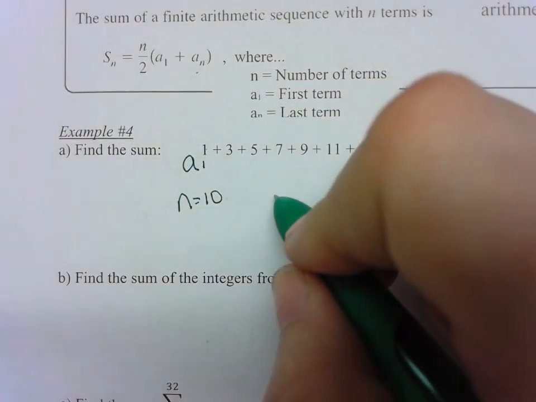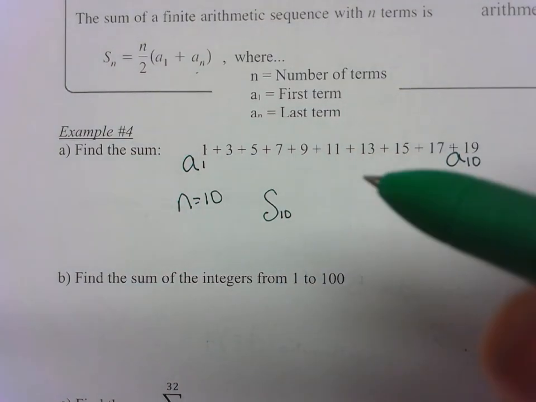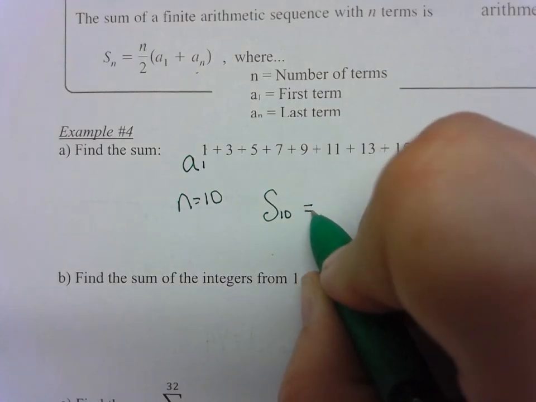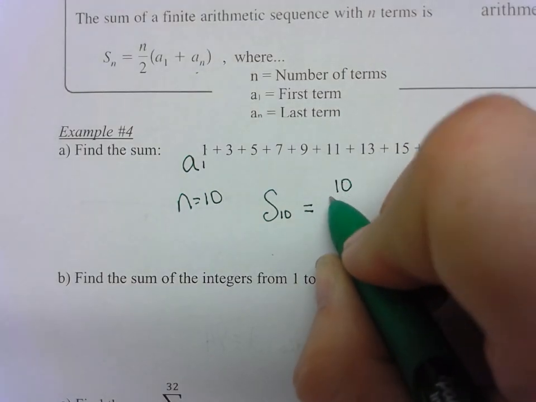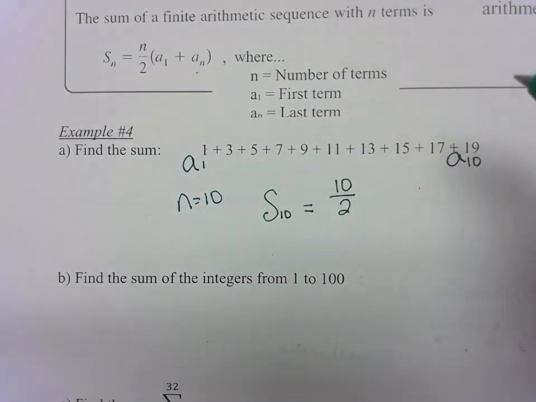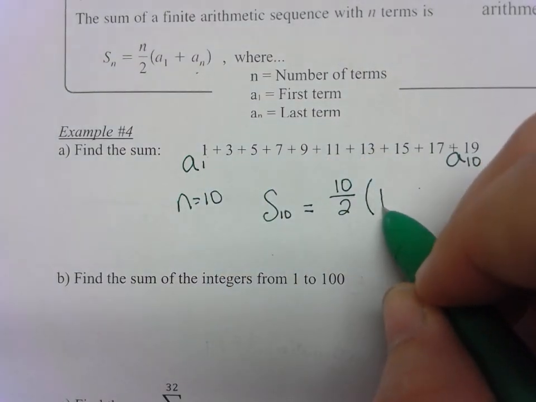So the sum of these 10 terms: remember I told you that n would be replaced by whatever your n is. S sub n is equal to n over 2 times the first term plus the nth term. In this case, n is 10, so I'm just plugging it into this formula. Parenthesis, our first term is 1.